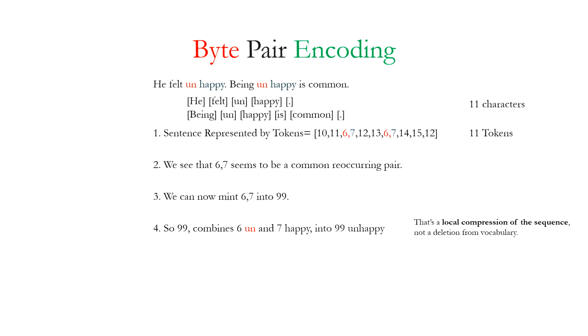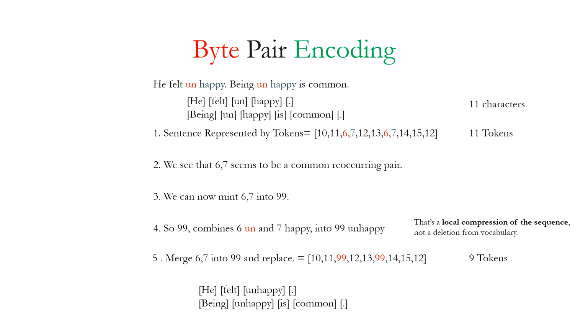That's a local compression of the sequence, not a deletion from the vocabulary. So that's important to point out. And then fifth, we merge the 6, 7 into 99 and replace it. Okay, so we did the combination. Now we replace it. Now we've got 9 tokens. He felt unhappy. Being unhappy is common. Okay, so we've got 9 tokens now.